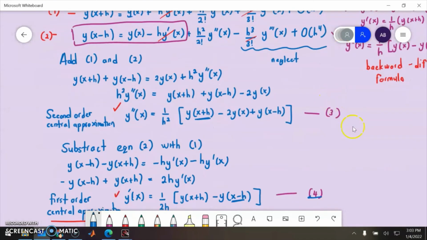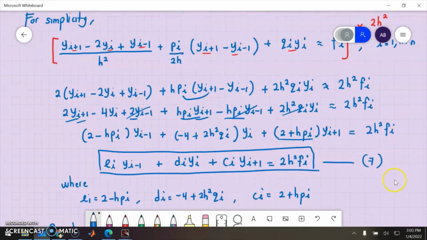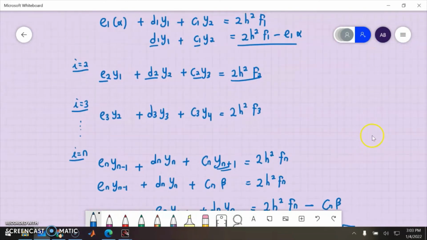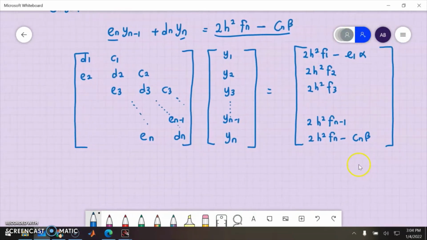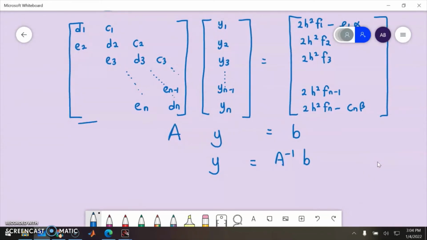So the finite difference approach transforms the whole two-point boundary value problem into a system of algebraic equations, where you can write this as A y equals b. We can now easily solve for y, where you get the inverse of A times b. And this matrix A here is a tridiagonal matrix.